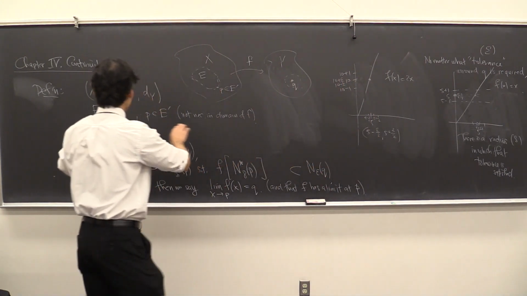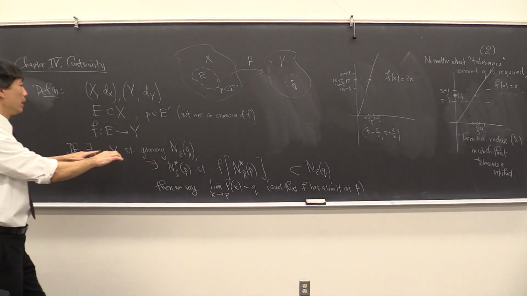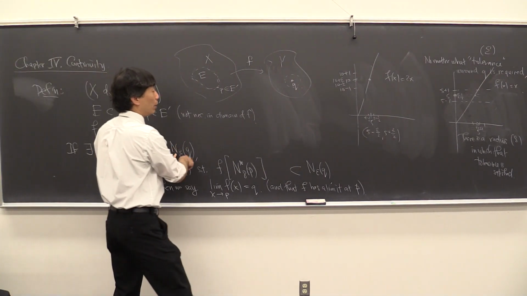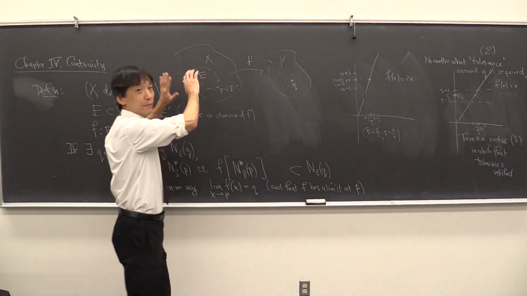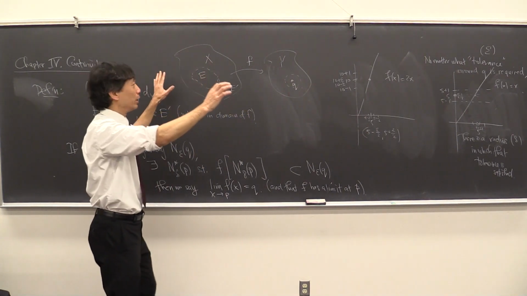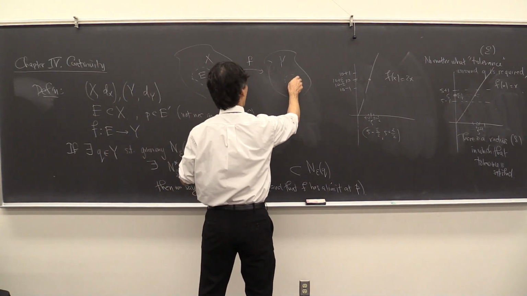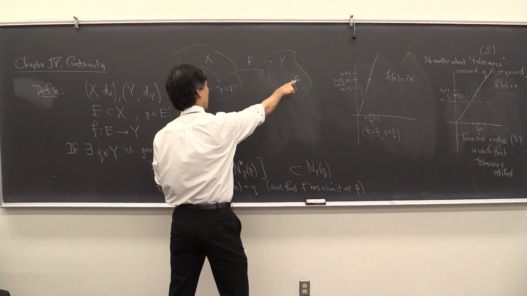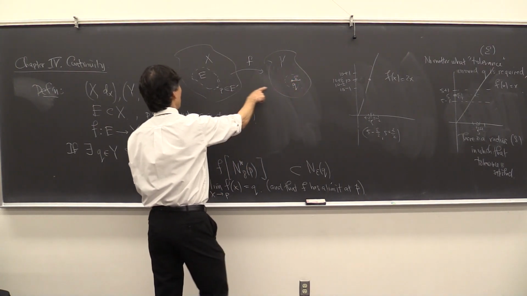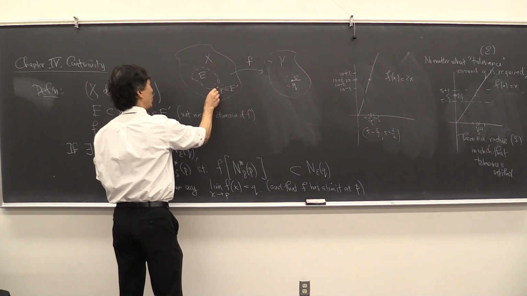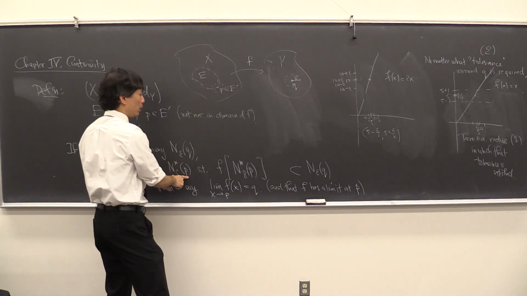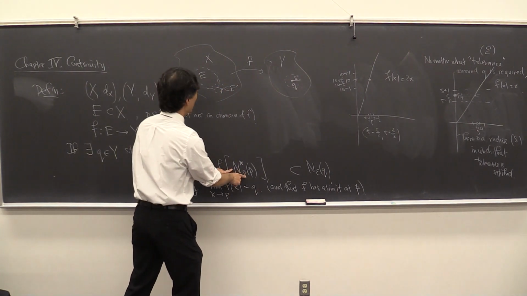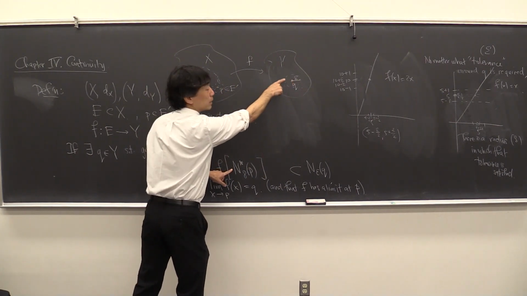And that's this definition here. Given any epsilon ball, now in the full-blown metric space world, given any epsilon neighborhood around Q, there's a punctured neighborhood around P such that f of that punctured neighborhood is contained inside here.